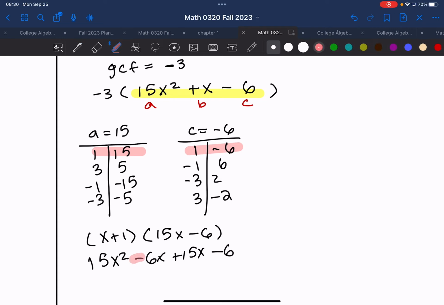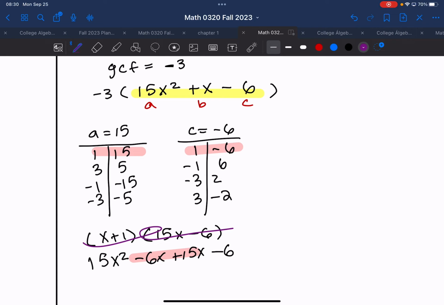Remember, in these cases, we're only paying attention to that middle part. So will this middle part give us a positive x? No. So we get negative 6x plus 15x, which is not going to give us a positive x. So we know right away that this is not a good pair to use.